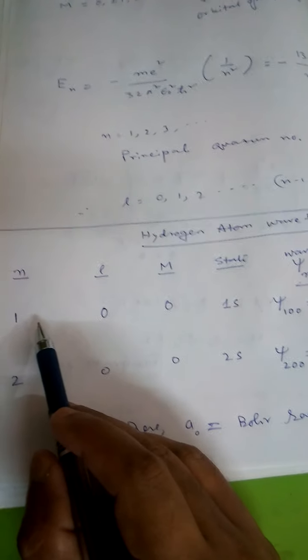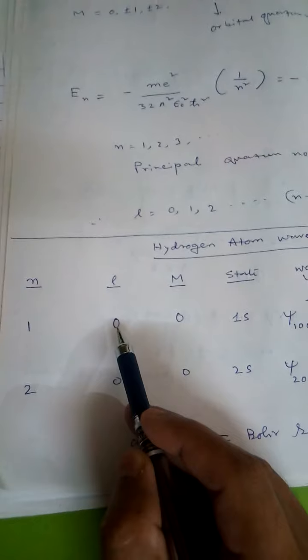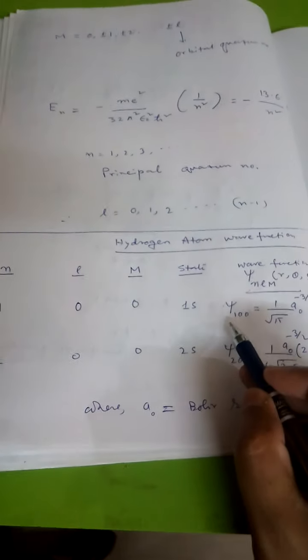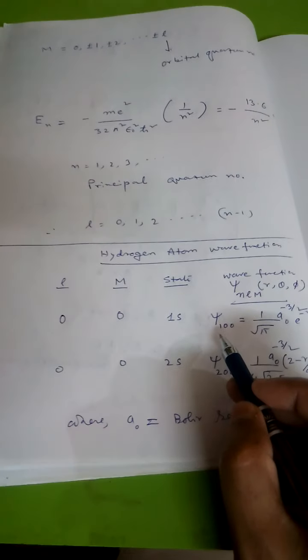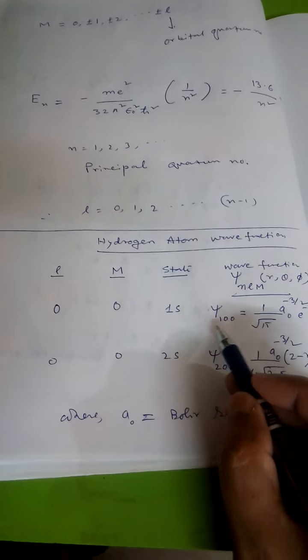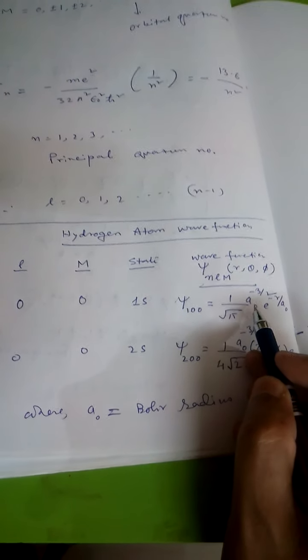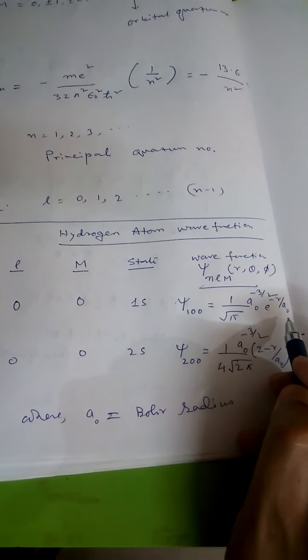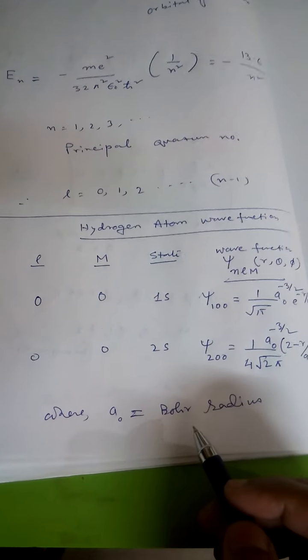For example, we consider n equals 1. So L equals 0, m equals 0. It is one state, and psi 100 is the ground state wave function: 1 by root pi a naught to the power minus 3 by 2 e to the power minus r by a naught. a naught is the Bohr radius.